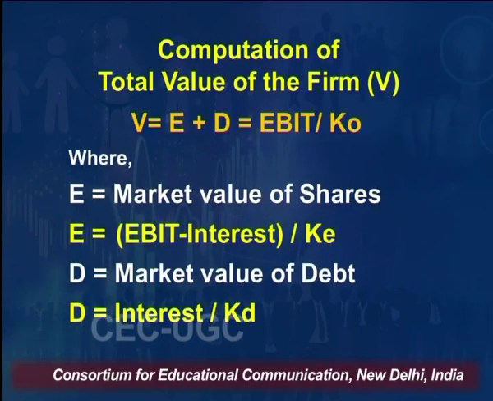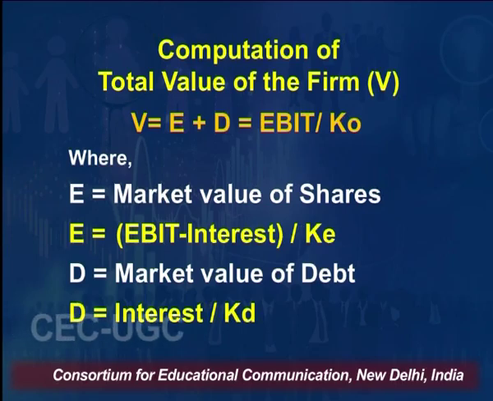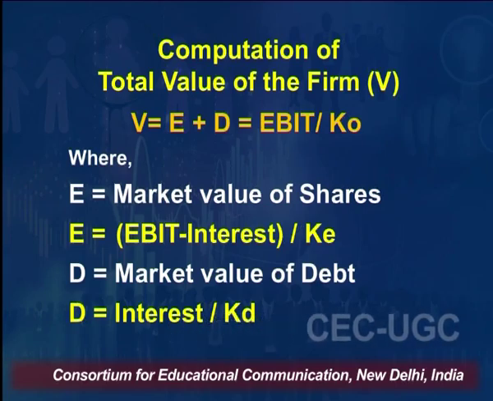Based on these assumptions, the theory is defined in the form of this equation: value of firm V is equal to E plus D, where E stands for market value of shares, or equity, and D stands for market value of debt, which we may also call debentures.